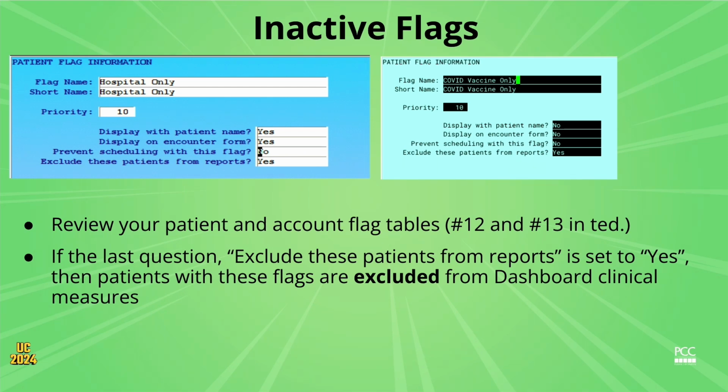If you're using flags, there was an example shared the other day of flag usage where you wouldn't want to exclude them, but you may still have that flag just to indicate that or have an alert or some other reminder come up. Only exclude the ones that you know are inactive that should not be counted on clinical measures.